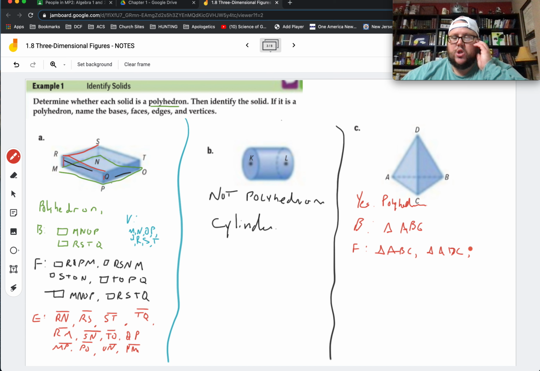Either, as long as those three are together, it's fine. So triangle CBD. And then the last one, we have the back side, BAD. Triangle BAD. And that's our faces.